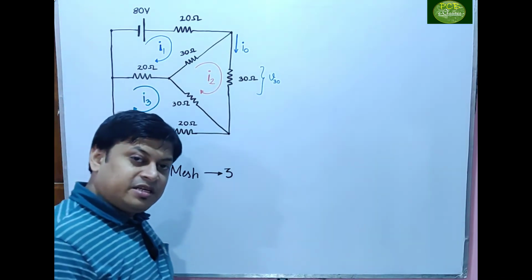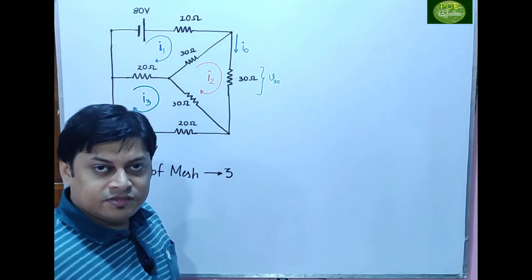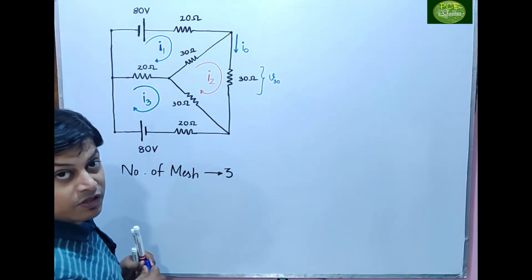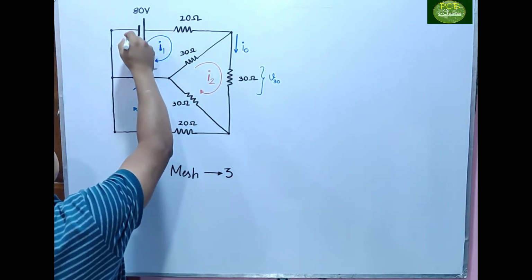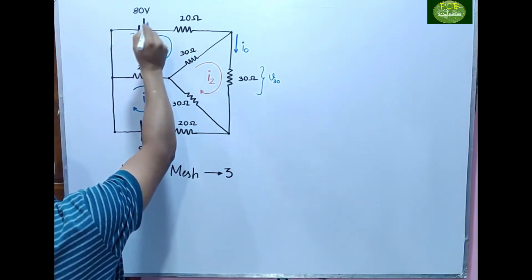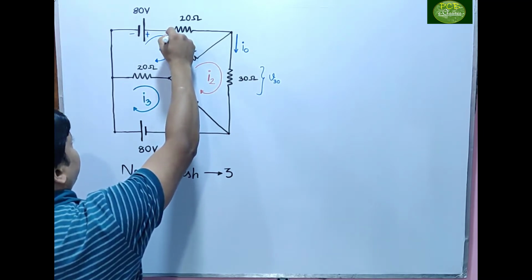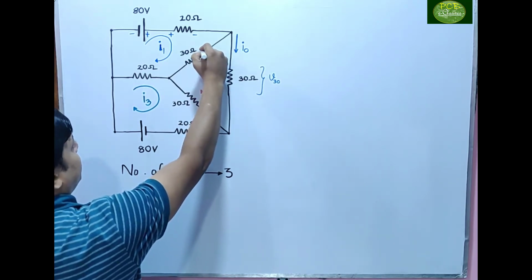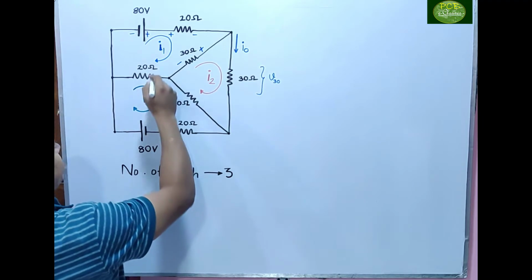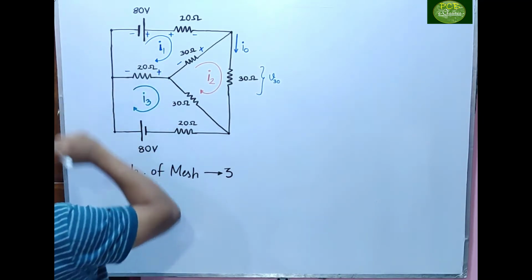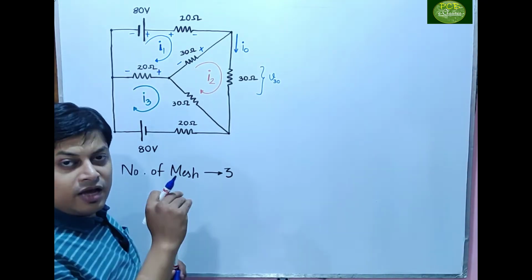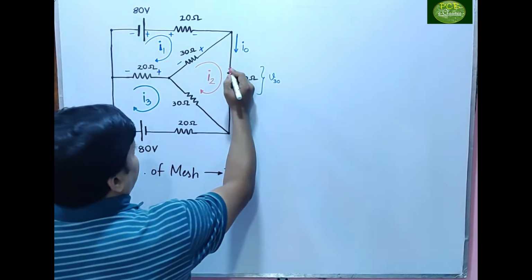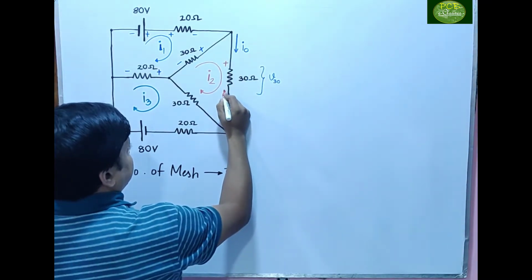Now, as per the mesh assumption, we will put the polarities. Let us go for the first mesh. As per the current direction, current enters this side, so this will be positive, this will be negative, this will be positive, this will be negative. Mesh 1 polarity I have given. Moving to the second one, current enters here, so this is positive, this is negative.